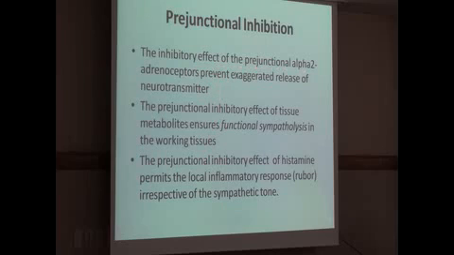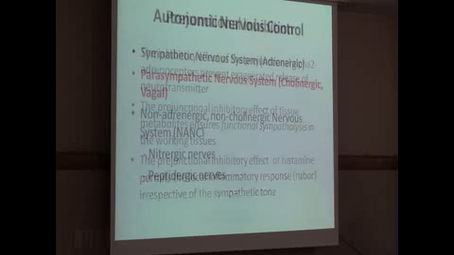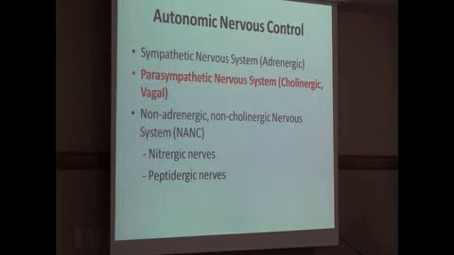One, the pre-junctional adrenoceptors prevent exaggerated release of neurotransmitter. Two, the pre-junctional inhibitory effect of metabolites ensures functional sympatholysis in the working tissues. And I mentioned histamine, that the pre-junctional effect will allow the local inflammatory response that we mentioned in a previous lecture.